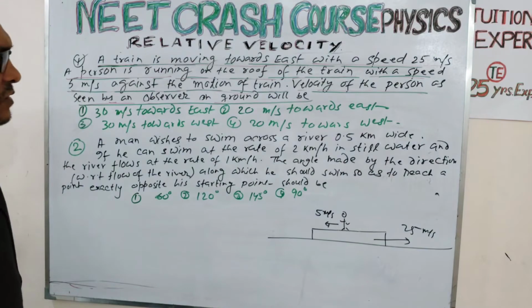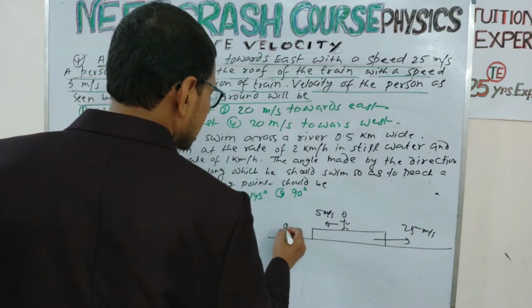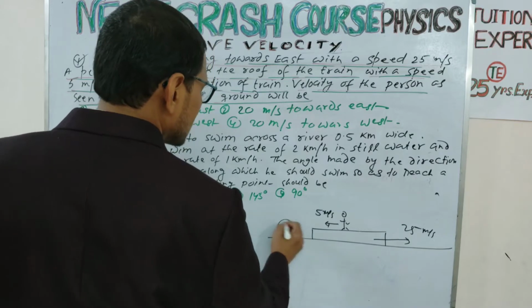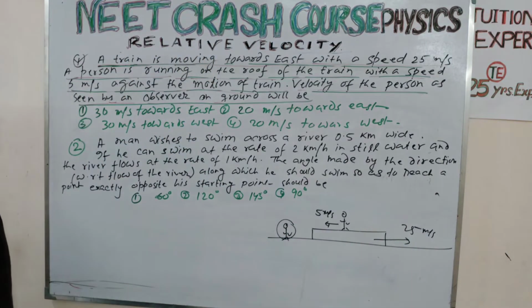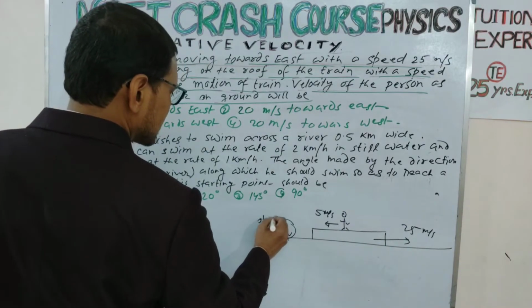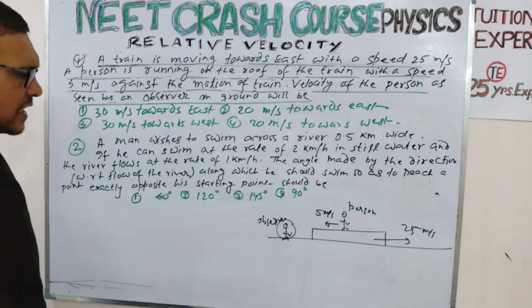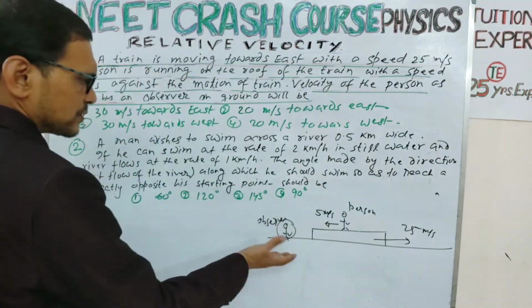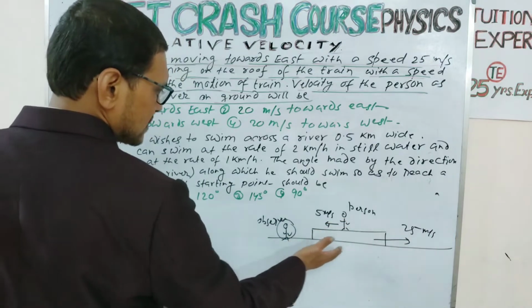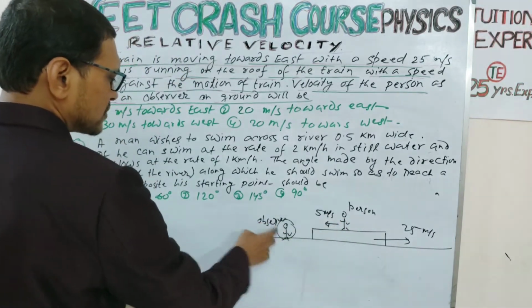Now here we don't have to take the relative velocity. This is the observer and this is the person. So here we have to take the actual velocity of the person as observed by the observer on the ground.